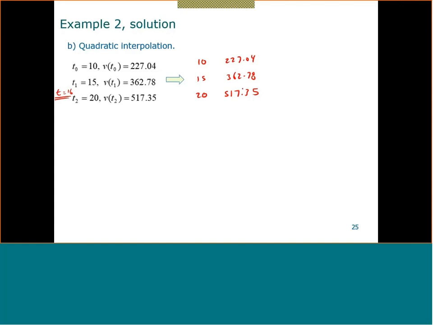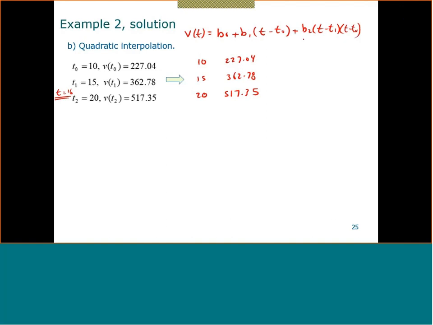Okay, so now I want to use the second order polynomial. But before that, let's remind ourselves how the formula will look. Your v of t will equal b0 plus b1 times (t minus t0) plus b2 times (t minus t1) multiplied by (t minus t0). This is the format.